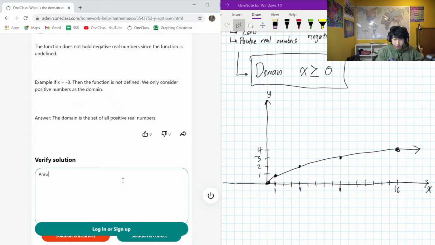Answer should consider 0 in the domain because only negative numbers are out of the domain.